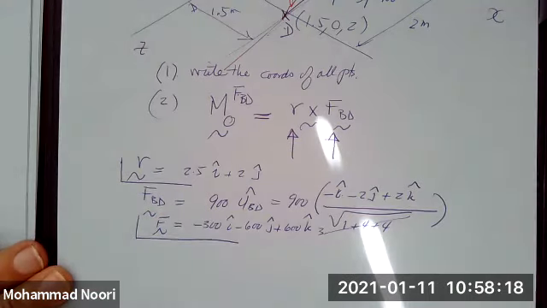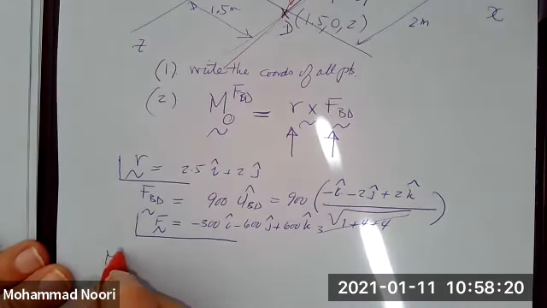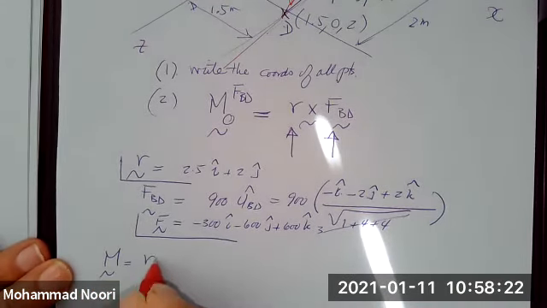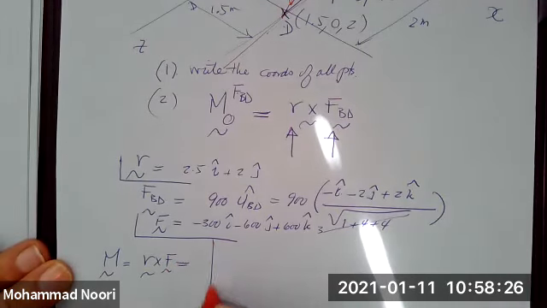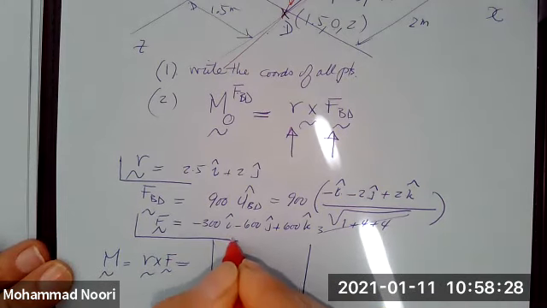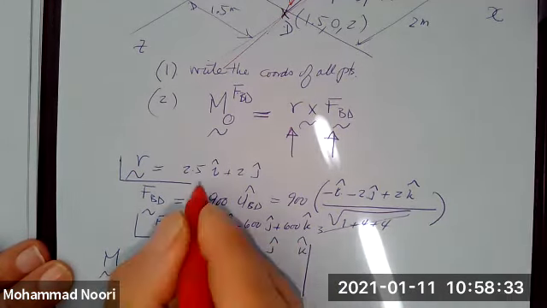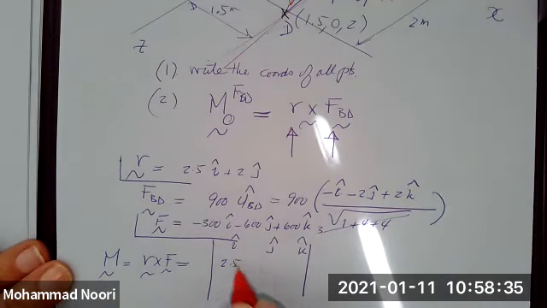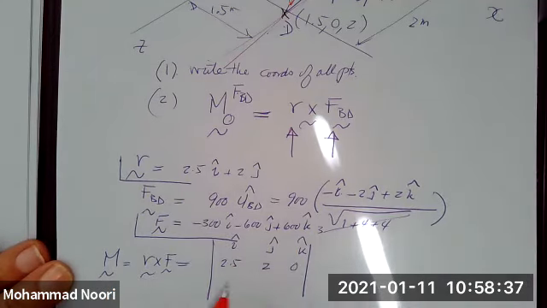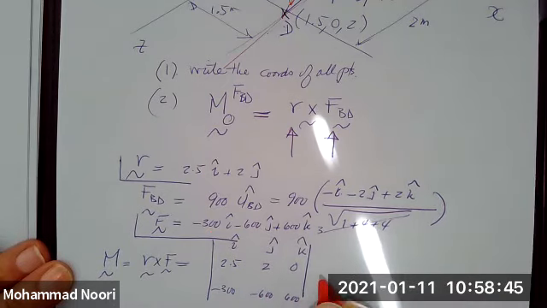This is the equation for R. So the moment is simply the cross product of these two, which means you set up this determinant i, j, k. Second row is R, that is 2.5, 2, 0. Third row is the force, negative 300, negative 600, 600.